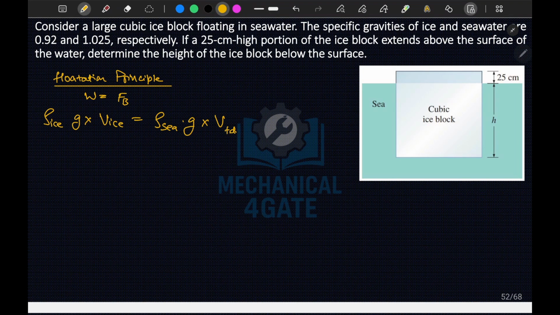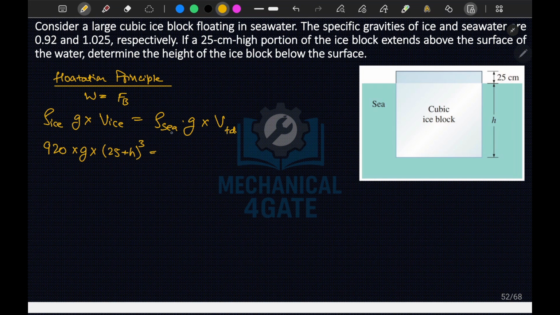Now density of ice is given as 920, specific gravity of ice is 0.92, so 920 times g times volume of ice is equal to, since this is a cubical block, 25 plus h is the side, and the cube of the side is your volume.